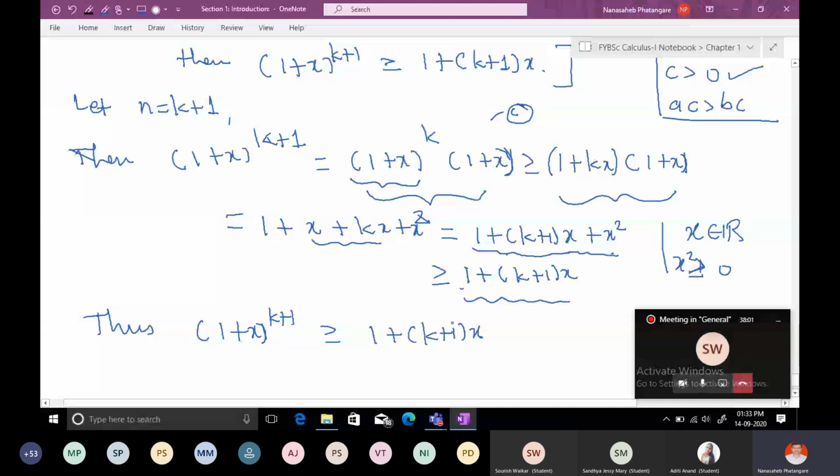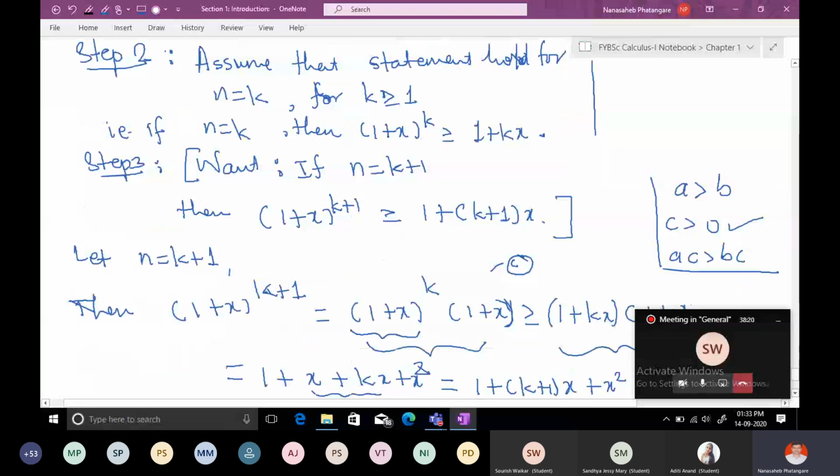Is it clear? Without violating any rule or law, I just use the induction hypothesis, and I just remove some positive amount, so I can reach the lesser amount, which is 1 plus (k plus 1) times x, right? And that is what we wanted to get.